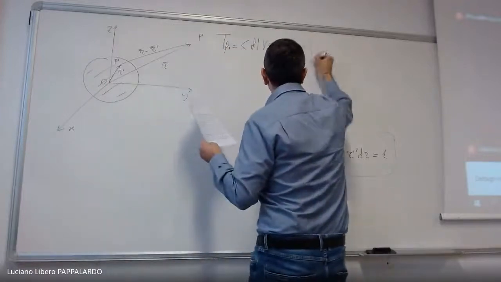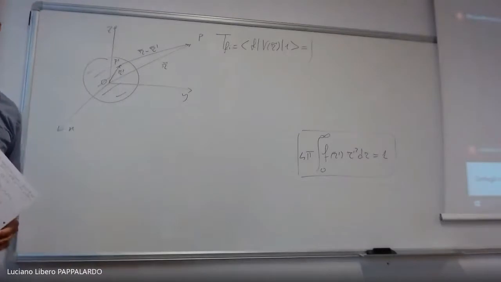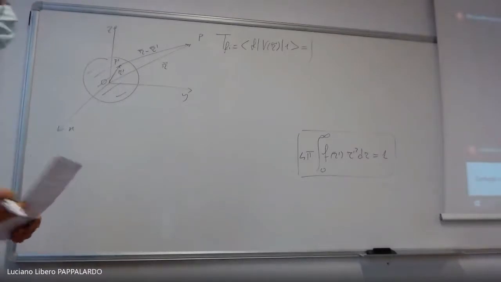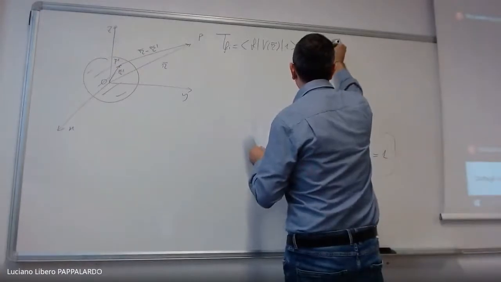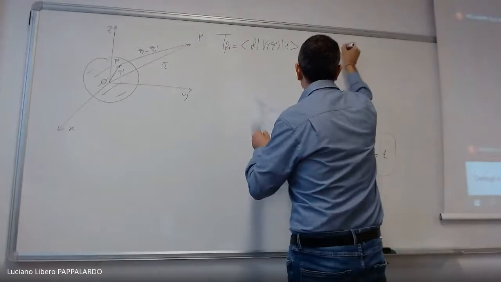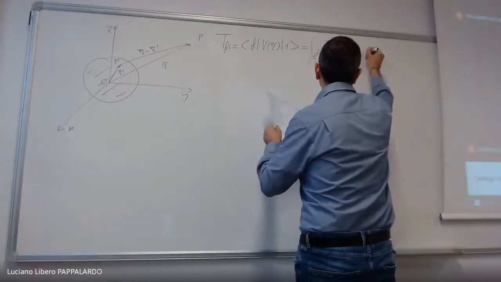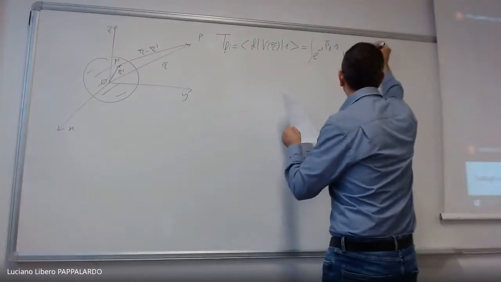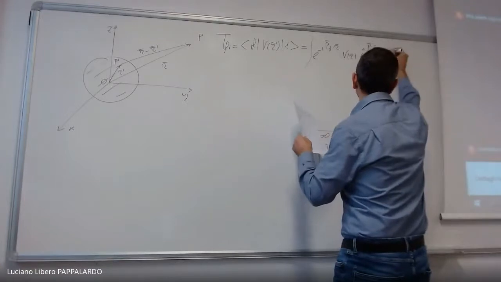So this, in plane wave approximation, in first order of perturbation theory and in a non-relativistic approach, is simply given by the integral of e to the minus i p_f scalar r, then we have our potential, and we have e to the i p_i scalar r, in the volume.